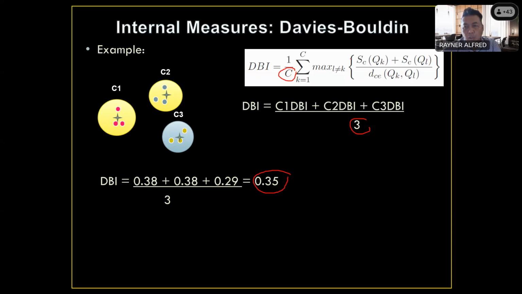So the aim is we want to reduce this, and maximize this. So when you look at the value here, the value must be minimized overall. So the lower the better. If you have higher, means you are getting bad cluster result. Okay.